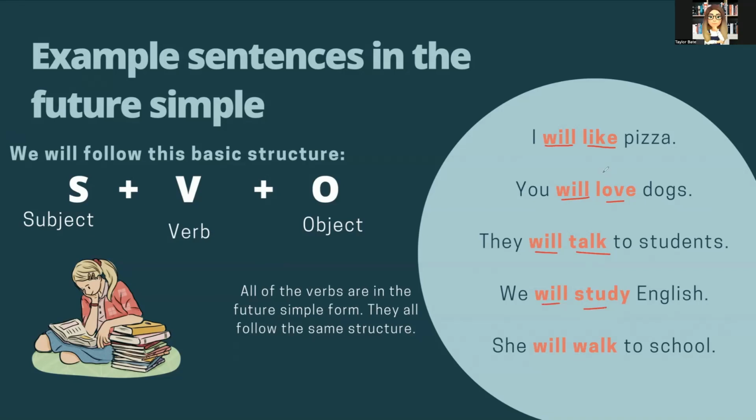Now, it always must be in this order. You must have will first and the base form after. If you switch the order of this, it will say, I like will pizza. Nope, that does not make sense at all.